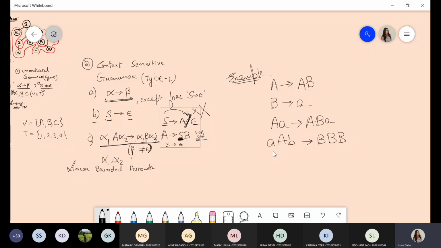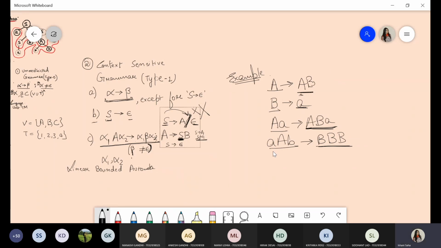The main restriction of context sensitive grammar says that the right hand side symbols should be equal to or greater than the left hand side symbols. And it says that if the start symbol is generating epsilon, then this start symbol should not be anywhere in the right hand side of a production, but it is there 2 times. So this production is then never possible.